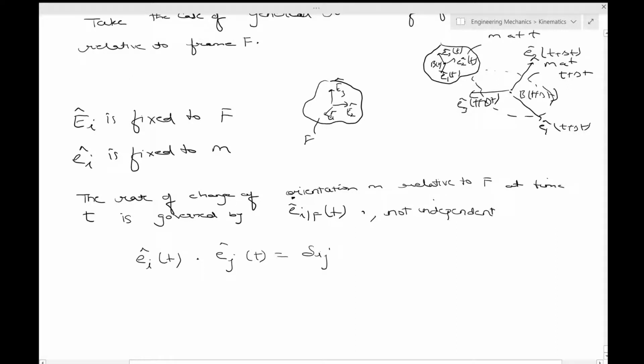Okay, so ei dot ej is equal to delta ij. We have just seen that when we were discussing the index notation.